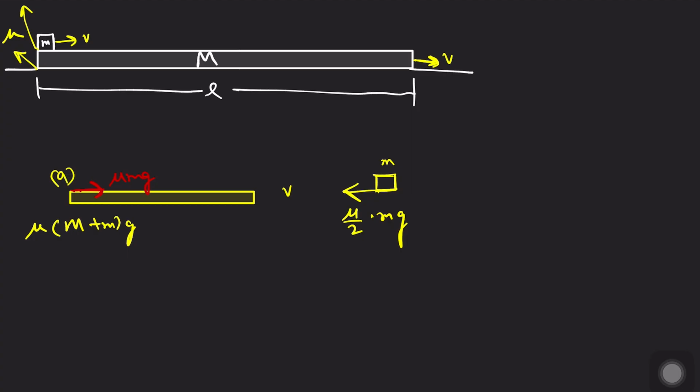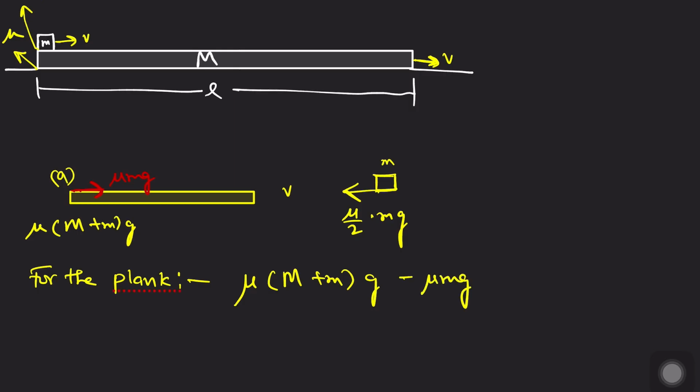For the plank, it will be mu into capital M plus small m into g minus mu mg, acting in the leftward direction, because this force is bigger than this force. Of course this is going to happen. Now this is equal to capital M into a in the leftward direction.